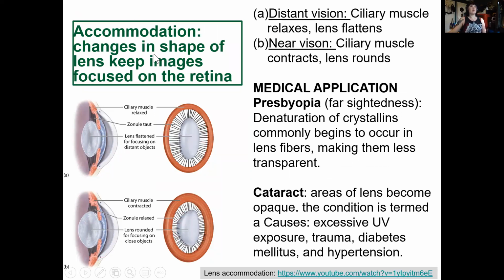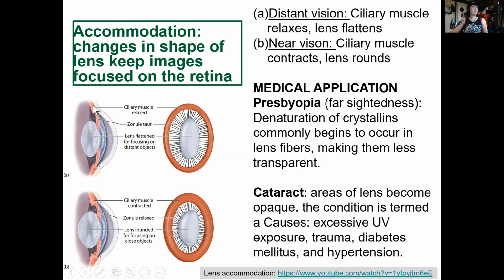So accommodation is the name for basically tugging on your lens or letting it relax to change how it's shaped. And that changes the angle that light passes through it to focus the light on a specific spot on your retina. So this is the side view, and then here's the anterior view.